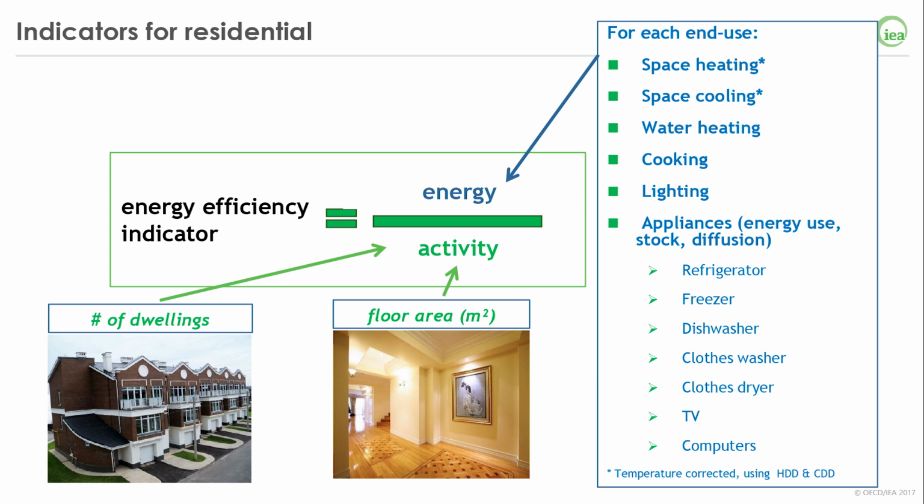In respect to activity data for the residential sector, one could collect information on the number of dwellings, residential floor area, as well as stock of different types of appliances.